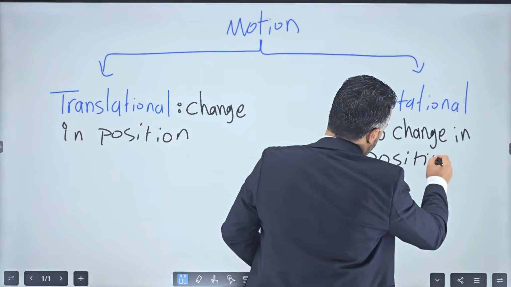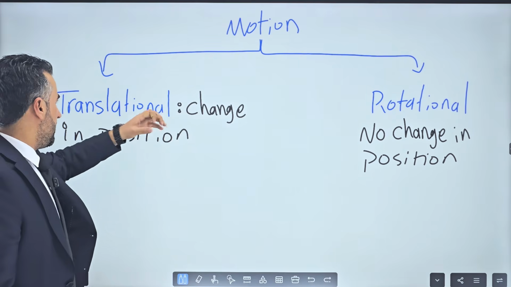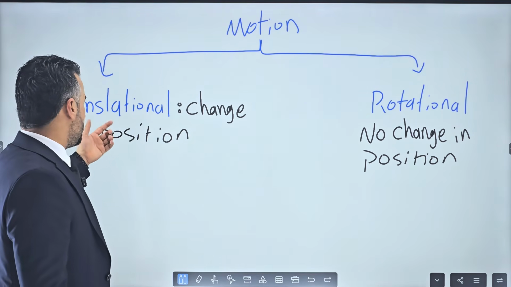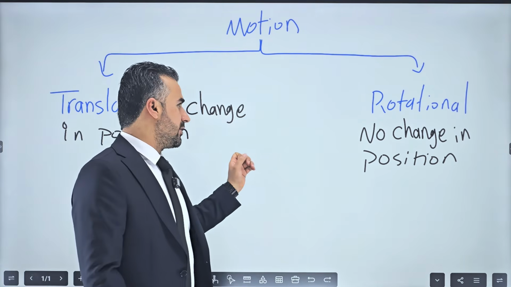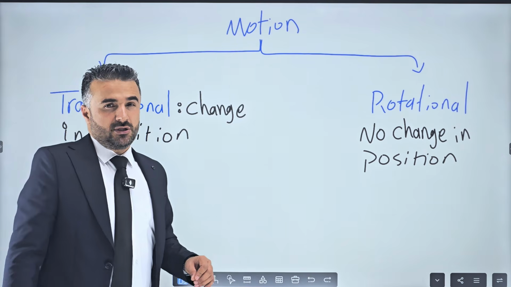So motion can be divided in 2. There are, of course, more types, but the first one that we're going to study is translational, where there's a change in location or position, while in rotation, there is no change in position.